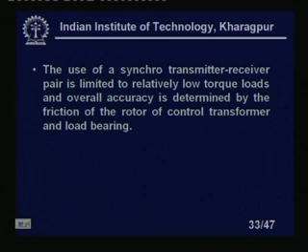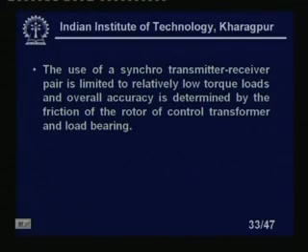The use of a synchro transmitter-receiver pair is limited to relatively low torque loads, and overall accuracy is determined by the friction of the rotor of the control transformer and the load bearings. If it is large, it cannot be used, because then we have to use some servo mechanism.